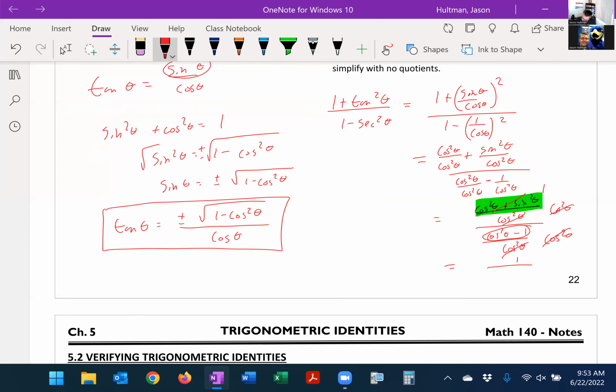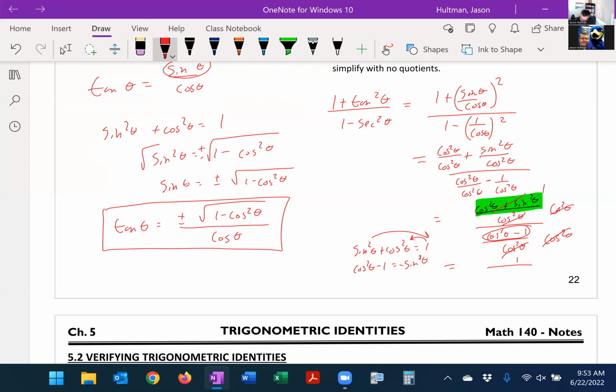Well, if I did sine squared theta plus cosine squared theta is equal to 1, and I wanted to subtract the 1, if I swapped the 1 and the sine squared theta, the 1 would become negative, so that would give me cosine squared theta minus 1. If I toss it to the other side, the sign changes. And then if I toss the sine squared to the other side, it becomes negative sine squared theta.